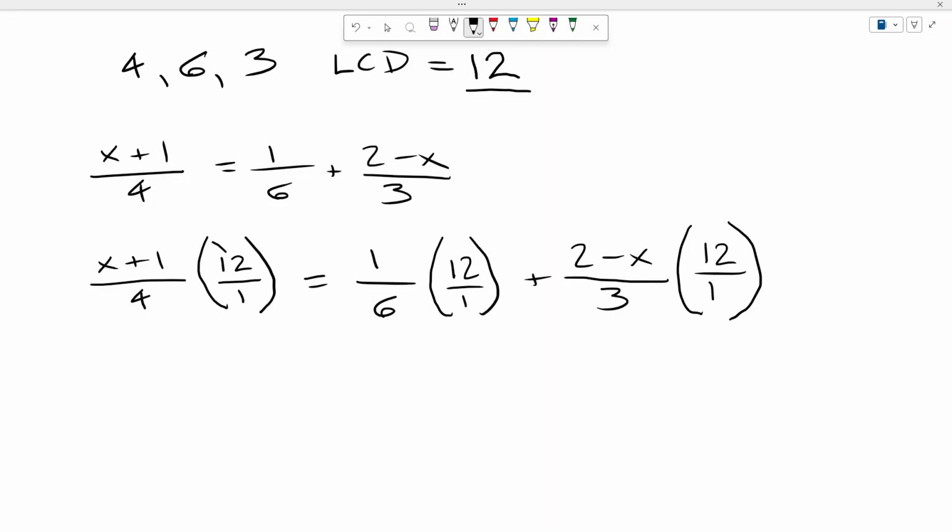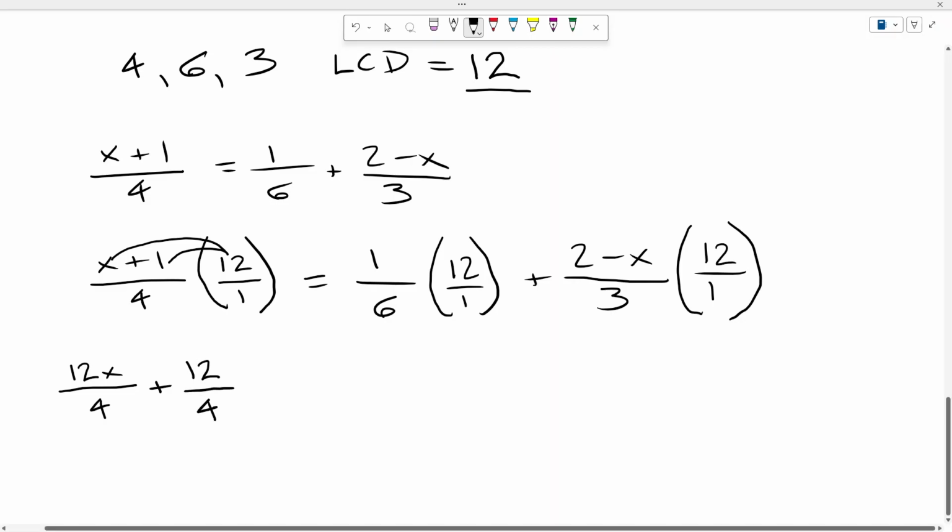So we take 12 times the x, and we end up with 12x over 4. And then 12 times the 1. We are adding, so all we're doing is splitting up this fraction and breaking it down into 2. Then 12 times 1 is 12, still over 4.